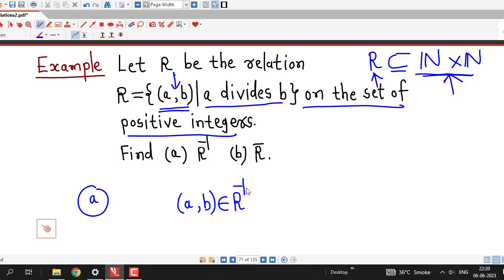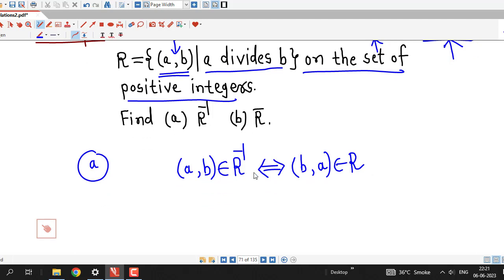Suppose (A, B) is an element or member of the converse of this relation R. Then we know that if (A, B) is a member of the converse of relation R, then (B, A) is a member of the given relation R. This is by definition of the converse of a relation.